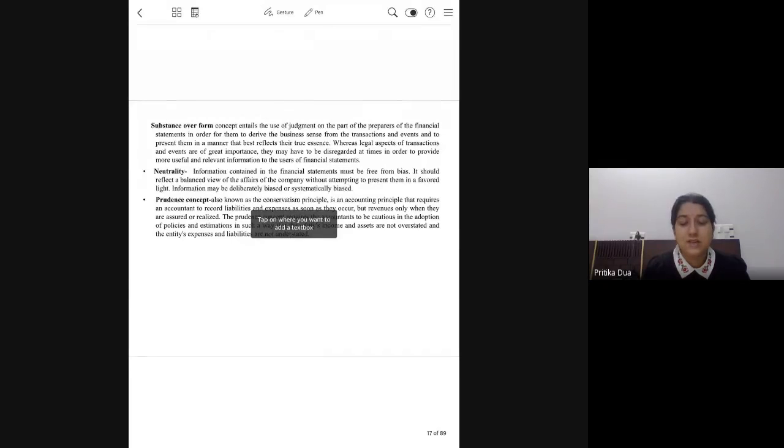It is in simple terms having a negative approach. Negative approach का मतलब क्या हुआ? When we make the financial statements, then we anticipate, we predict losses, but we don't predict profits. और losses, possible losses के लिए हम कोई ना कोई provision बनाते हैं. ठीक है? We are very cautious.